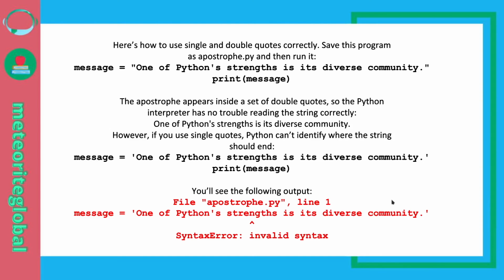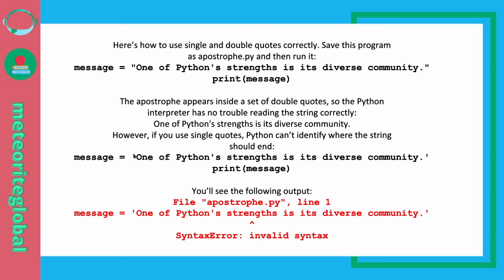Alright, so here: One of Python's strengths is its diverse community. Apostrophe. Print message. An apostrophe inside a set of double quotes, the Python interpreter has no problem reading it.